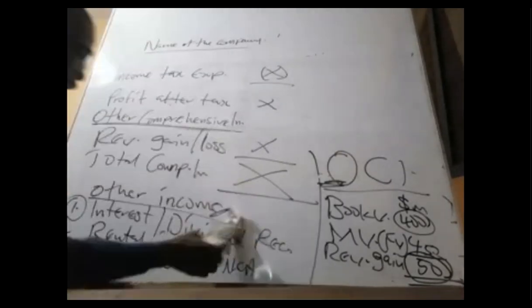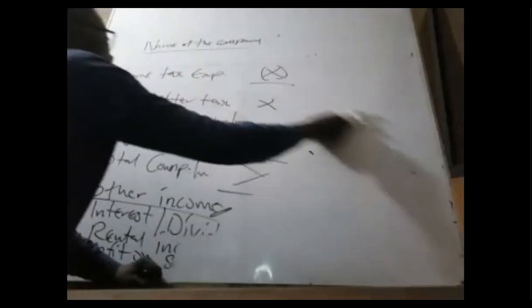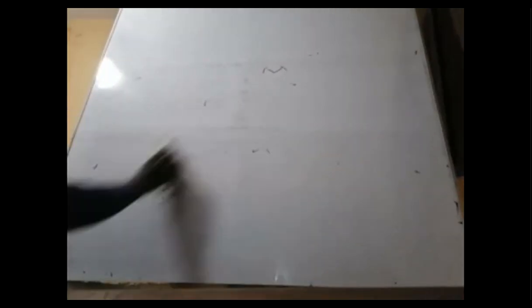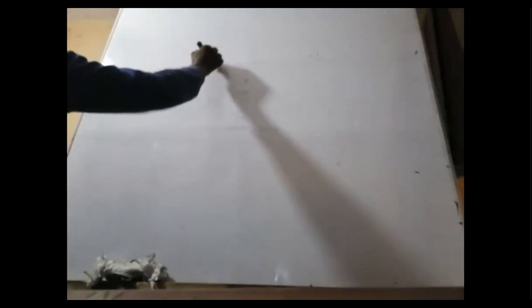So let's do it together, even though we observe social distance by studying together. Now we are looking at the statement of changes in equity. First, the name of the company.